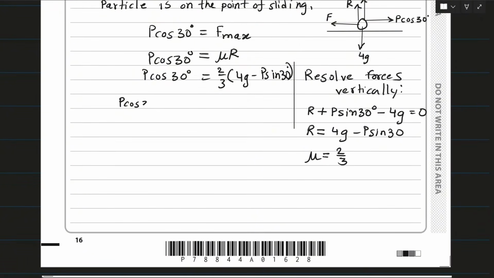So what we are trying to do here is simplify this by expanding the bracket. This will give us 8 by 3g minus 2 by 3 P sine of 30. We'll be bringing the P terms together. So this gives us P cos 30 plus 2 by 3 P sine 30, and this is equal to 8 by 3g.